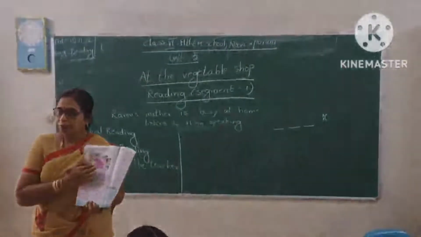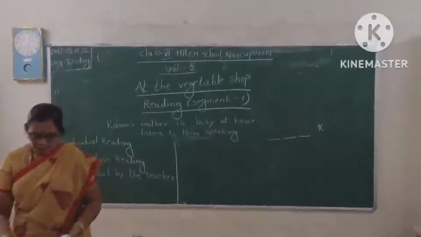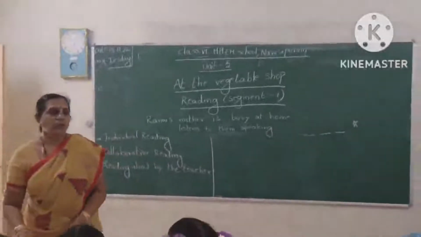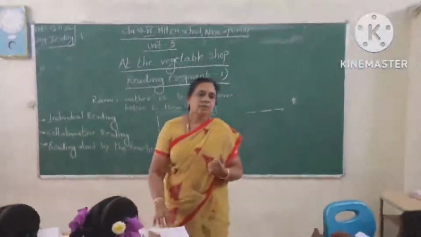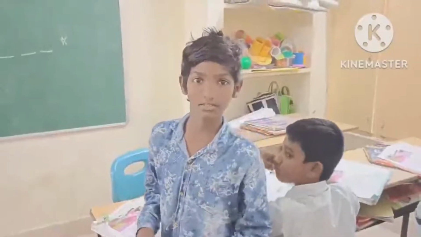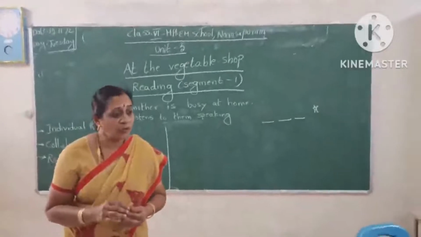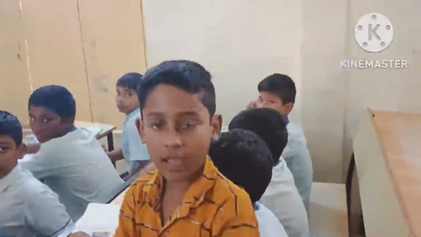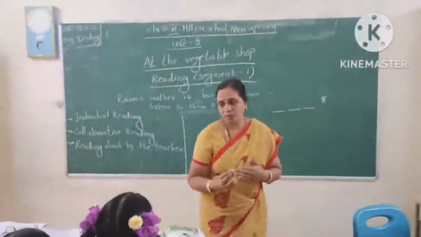Okay, children. Here, why did Ramu go to the vegetable shop? Who came to Ramu's house? His aunt's family came to Ramu's house.